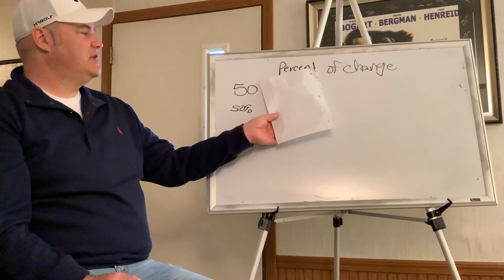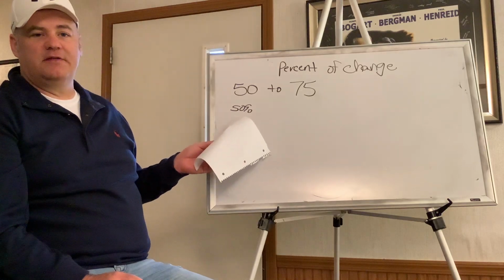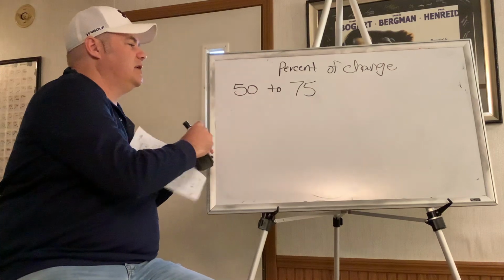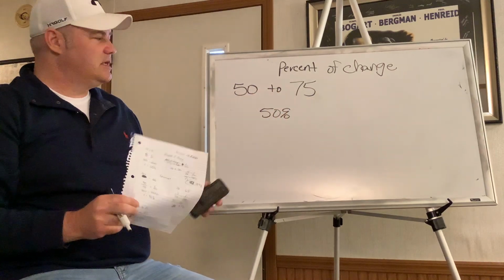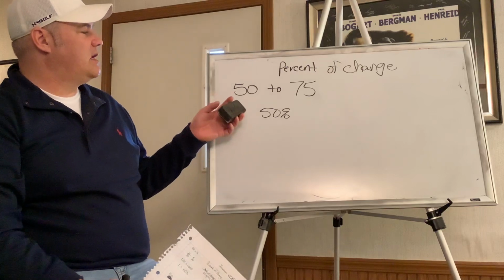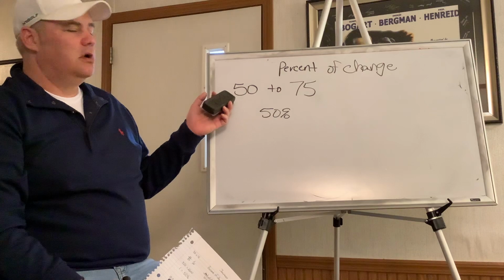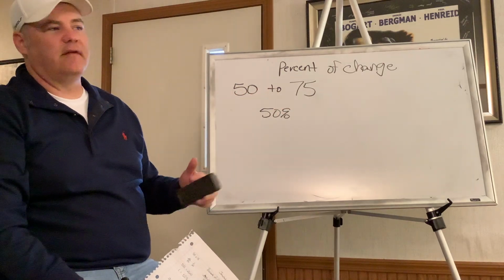So to increase by 25 canoes means I increase by 50%. Okay, 50% is what I increase to get to 75. So that means, if I walked in and said, hey, I want you to do 50% better tomorrow, that means I want you to get 75.